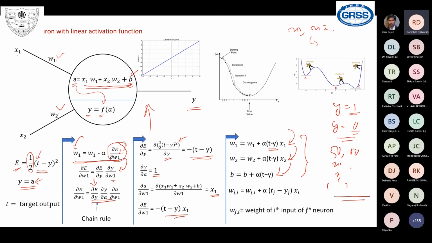For whatever be the values of X1 and X2, if they belong to the features of a cat, then we should get output 1. So this is what we are trying to do when we train the model. Is it clear?